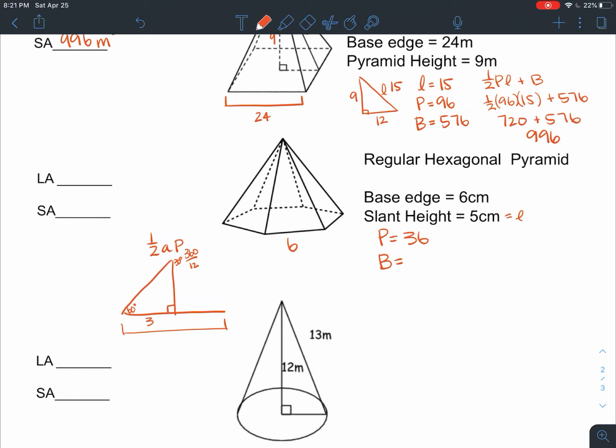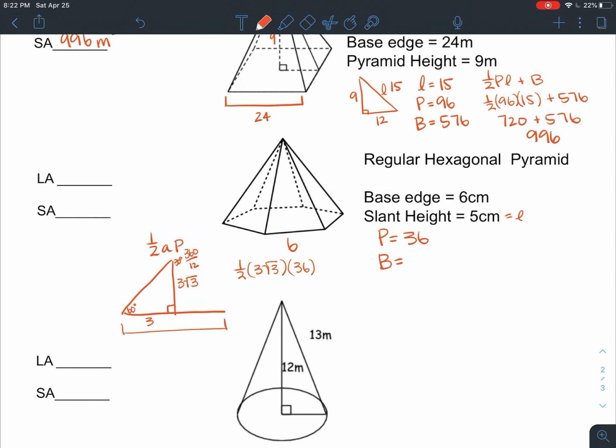And if we work with our special right triangles, this is the short leg. So the short leg times root 3 gives me the long leg. And now there's our apothem. So here's our 1/2 times 3 square root 3 times the perimeter of 36.